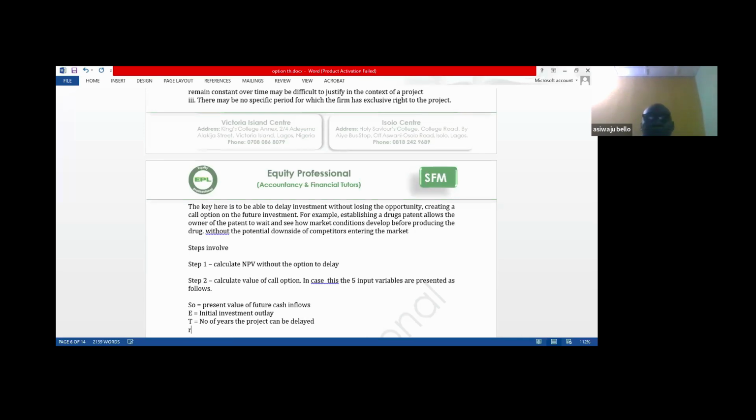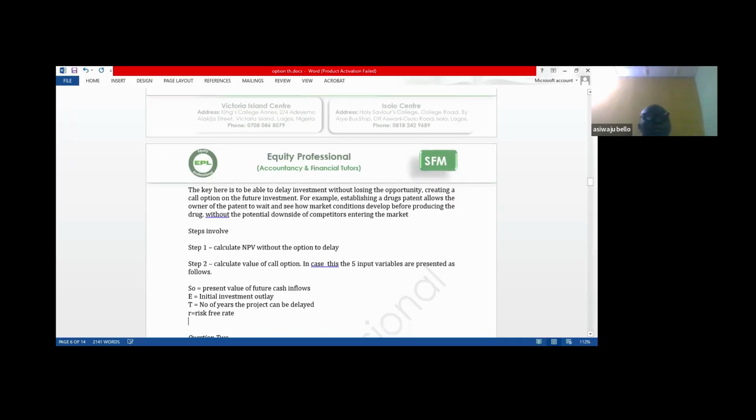Small letter r, the risk-free rate, and volatility, in bracket, the standard deviation. These are the 5 variables required.